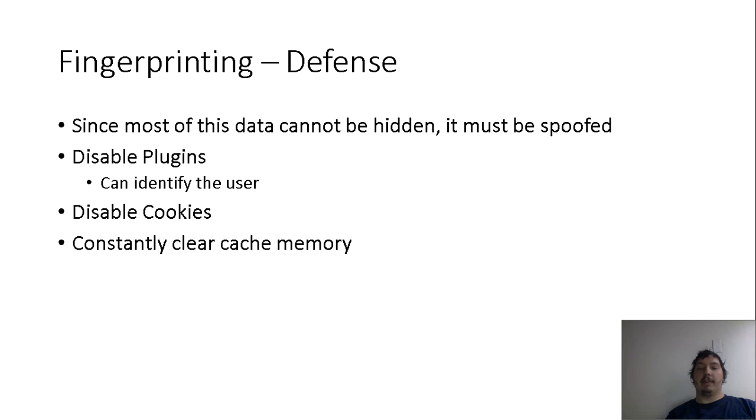They're all disabled because, as I said before, your list of plugins can identify who you are. Cookies are also disabled because cookies are problematic in that they ignore proxy protocols, and that their formats are very difficult to clear from memory. And in regards to memory, there's also an attempt to keep your memory cache as clear as possible.